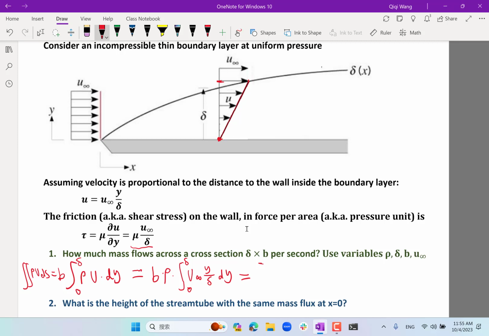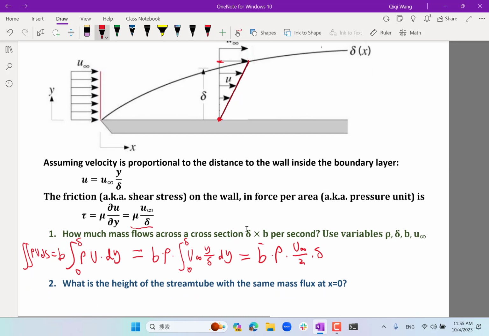It is actually b times rho times half of u infinity times delta, right? Agreed? It's like I'm taking half of the v infinity over here, and rho, half of u infinity, times the area, which is b times delta, right?